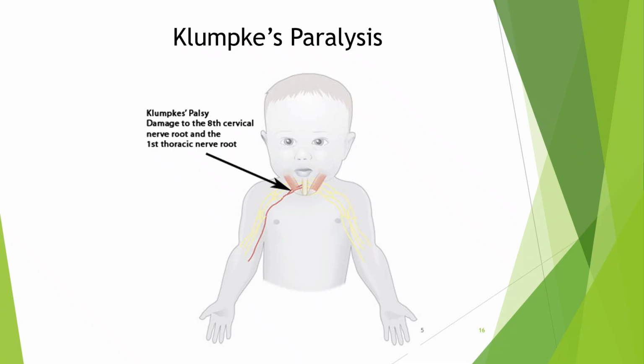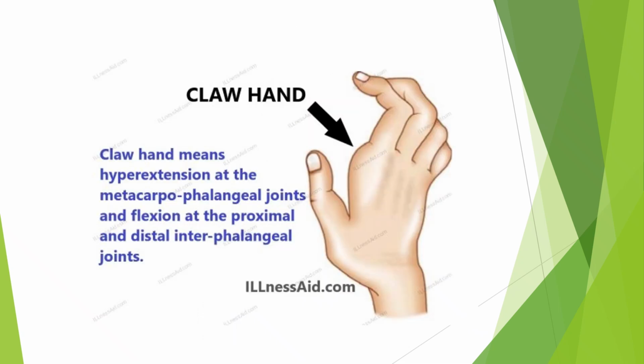In such cases, there is injury to the ulnar nerve and the median nerve. Because of injury to these two nerves, the motor loss of all intrinsic muscles of the hand is seen. The normal action of the lumbricals is flexion at the metacarpophalangeal joint and extension at the interphalangeal joint.